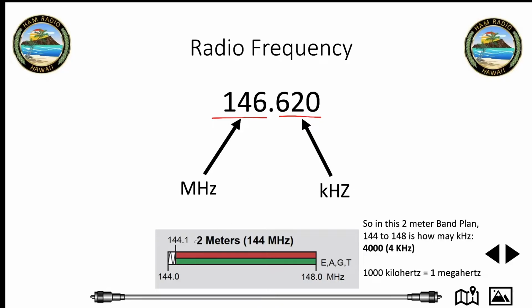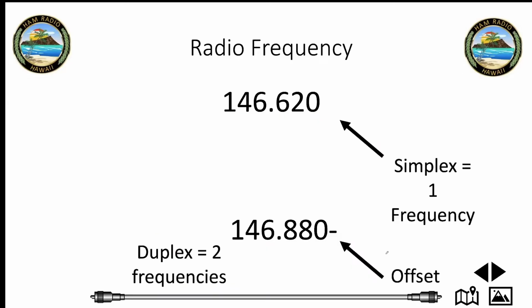So in 144 to 148, the 2 meter band, that's 4 megahertz. So there's 1,000 kilohertz in a megahertz, so there's 4,000 kilohertz in there. But we just say it's 2 meters. That's how we come up with it.